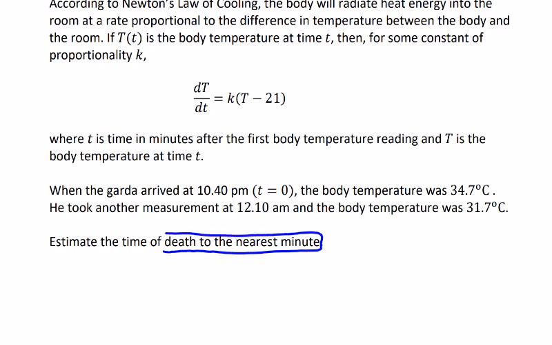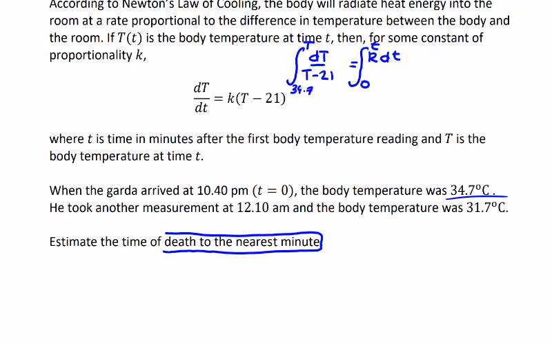We have this differential equation, dT over T minus 21 will be equal to k dt. So we integrate these, the values that we're told, at time equals 0, the temperature was 34.7. This should enable us to get an equation in t.